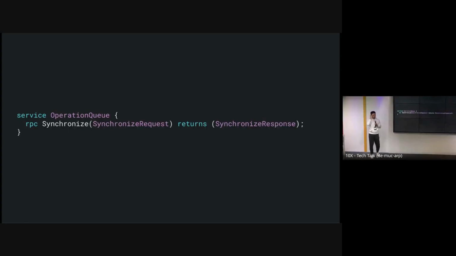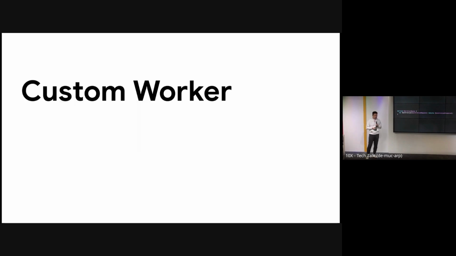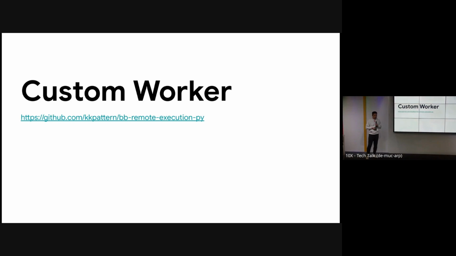Luckily, there is a very simple API defined between the BuildBarn scheduler and the worker. There is only one gRPC call. This means we can easily implement our custom worker to work with the whole BuildBarn cluster. That's what we did. So we open sourced the worker here, like the Lavender we open sourced.